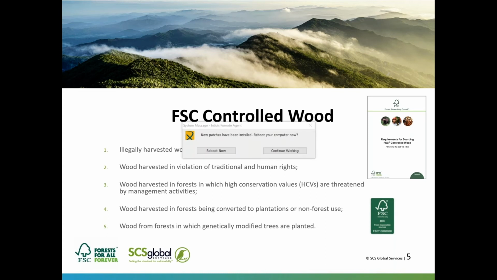Now, obviously the question is, how will a certificate holder know if there's a risk of sourcing wood from these unacceptable sources? And that's where the national risk assessment comes into play. The risk assessment specifies where there's risk, and it provides control measures to avoid or mitigate this risk.